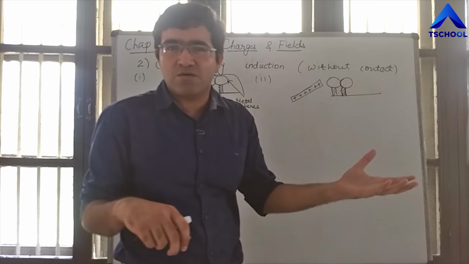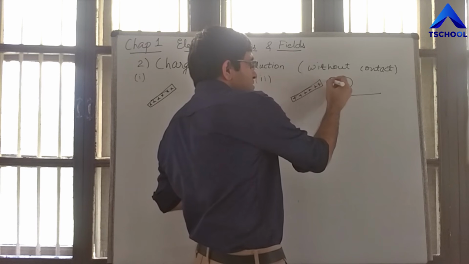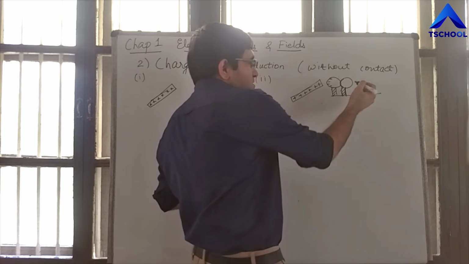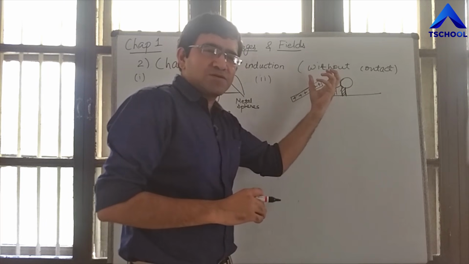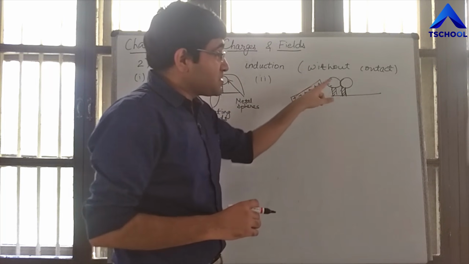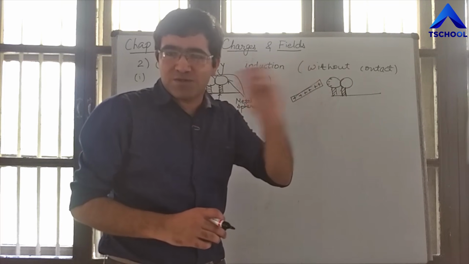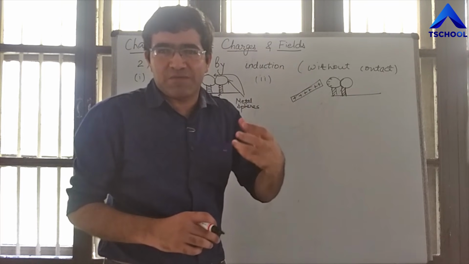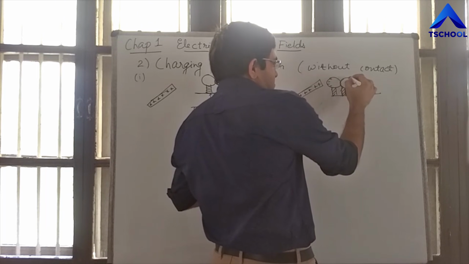They can move around a bit in the metal. So when we bring this close, some of the electrons, not all, will start moving towards the left side, and they will settle on the leftmost surface. Remember, they can't jump. Air is an insulator. Charges don't flow through air just like that. I mean, they can, but it's very, very tough. We'll talk about that later, so don't worry too much about it.